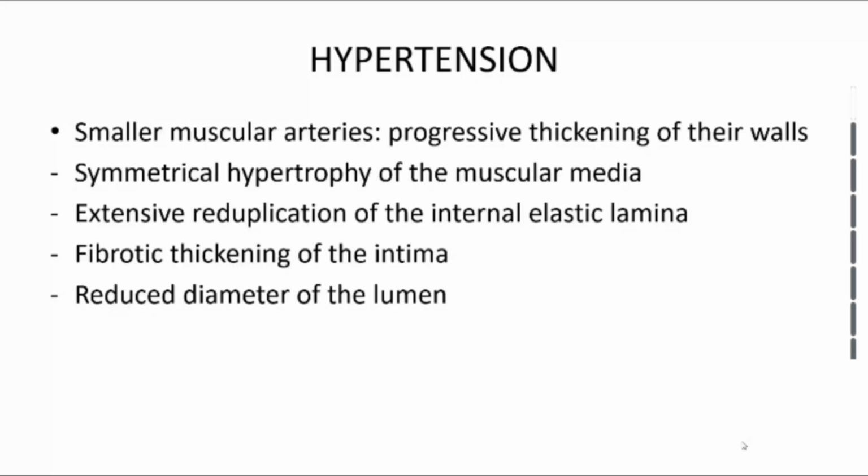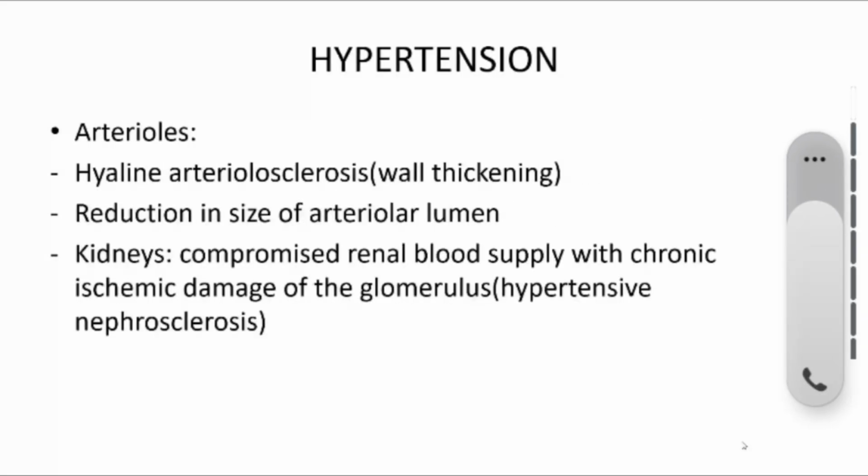Yes, so then when you talk of arterioles, it's good to remember the blood vessels. You go all the way into arterioles, you have capillaries, you have to remember those blood vessels again, go revise them and just know them through. So when you look at the arterioles, there is, of course, as we have already talked, hyaline arteriolosclerosis, which results in wall thickening.